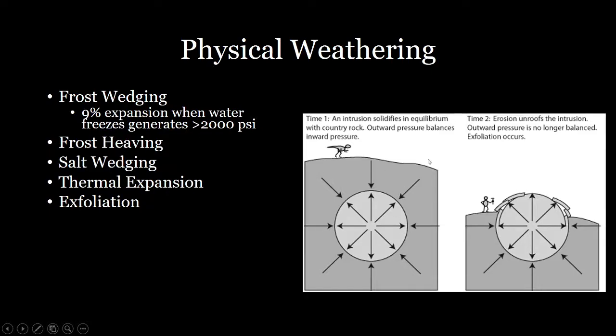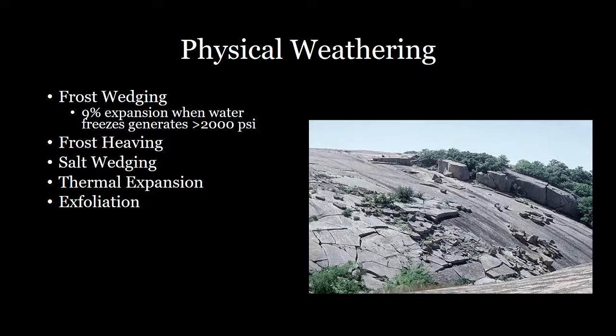But as the material above is eroded away and no longer supplies pressure to that rock, that outward pressure now exerts a force on the rock, and it can cause blocks of rock to pop off, or as we call it, exfoliate. Sometimes this happens fairly slowly, but it can also happen fairly quickly.